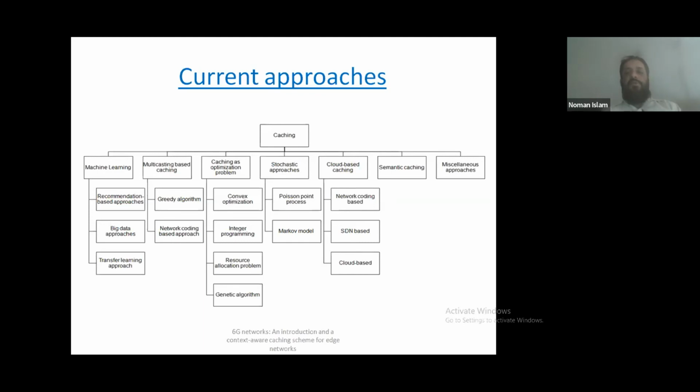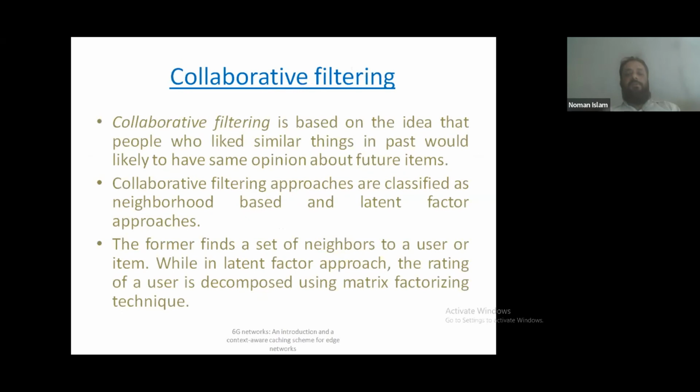What we are going to do is that we are using a machine learning based solution that is based on collaborative filtering. Collaborative filtering is a recommendation based solution. The objective is that people who liked similar things in the past would like to have similar opinions in the future as well. So if two persons like the same thing, and we don't know if a particular thing is liked by a person, we can go for the like-minded person.